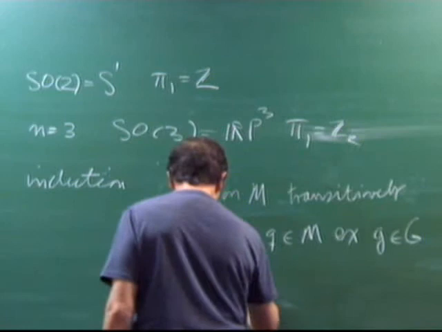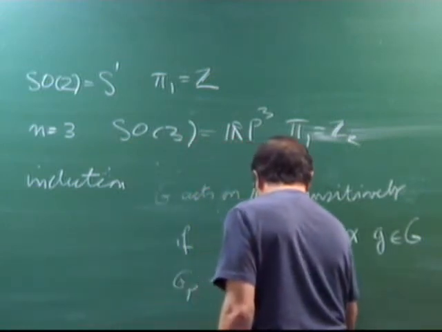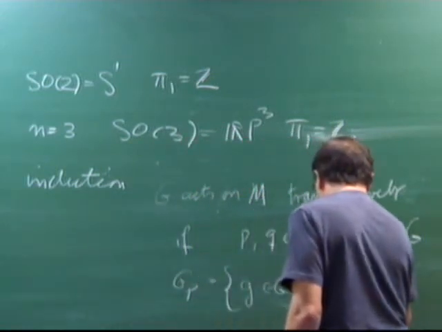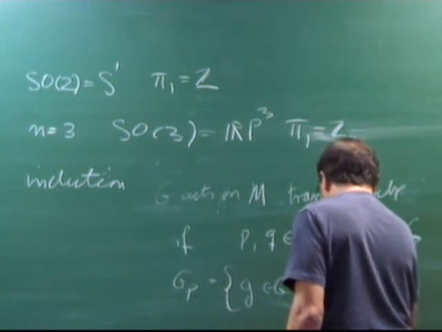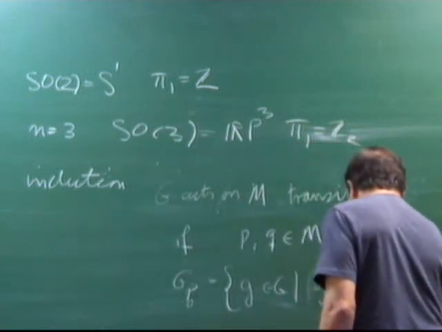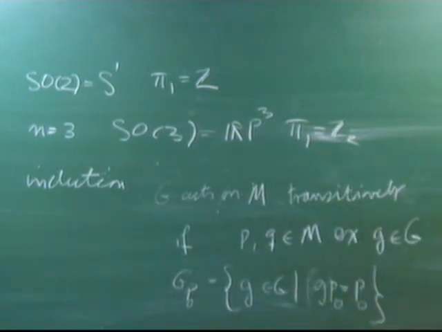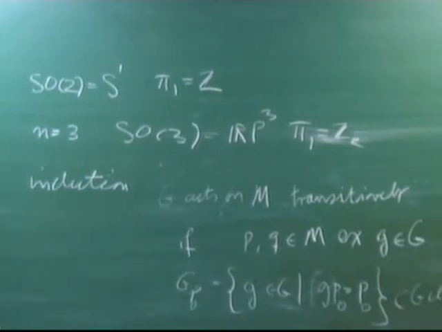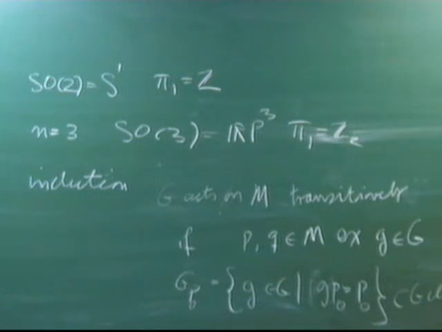So I look at the isotropy group, those g in G which fix a given point p0. Just fix one point in this discussion. That's of course a subgroup in G. It's closed because it's defined by an equation. So this implies that if I take the quotient, this is a manifold.